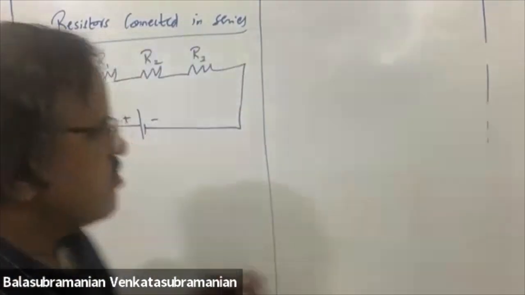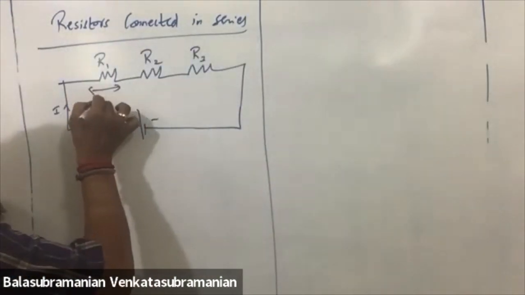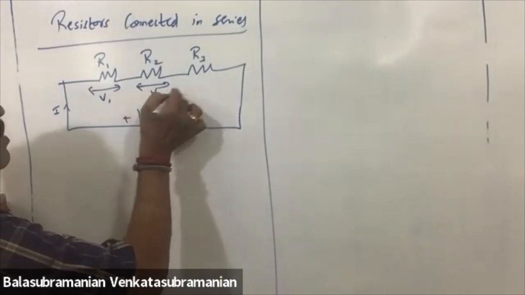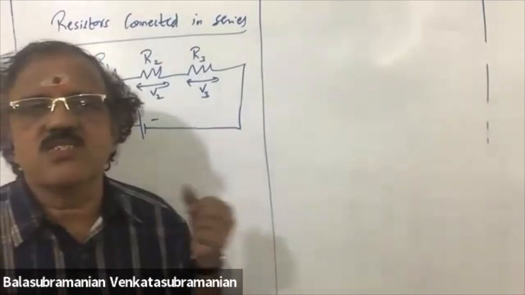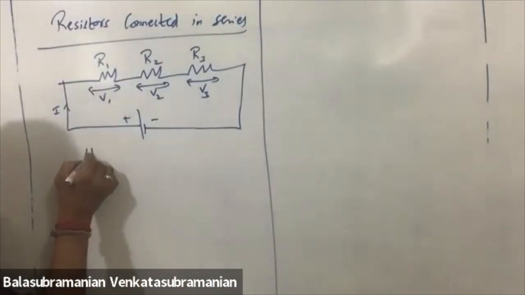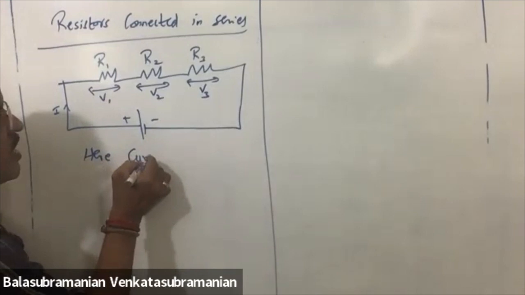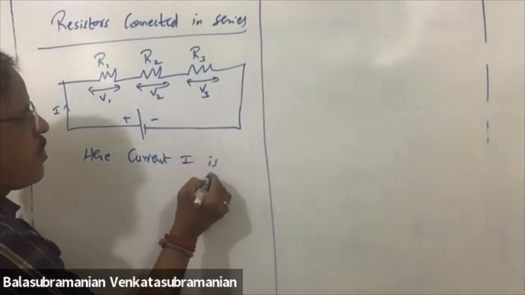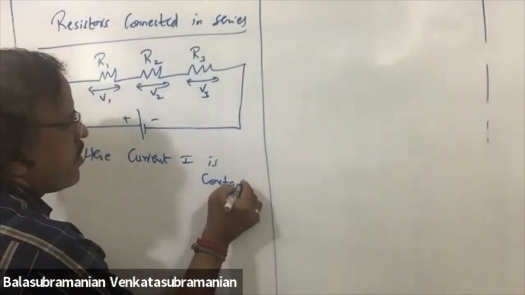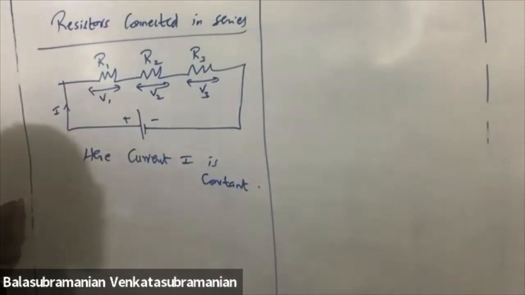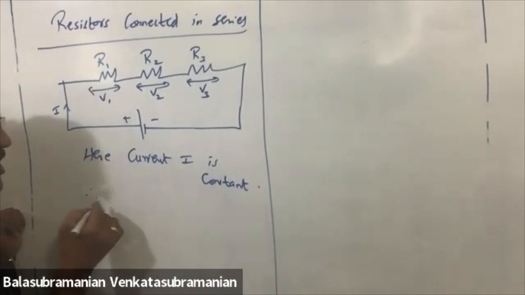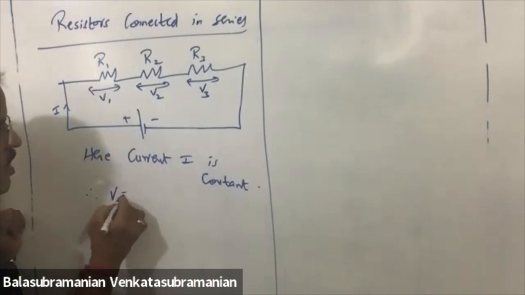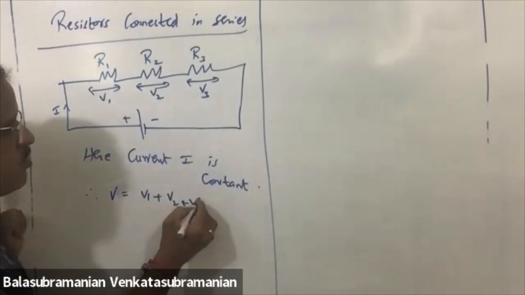So I can write V1, V2, V3 are the potential differences across the three resistors. Here current I is constant. Therefore, potential difference V is equal to V1 plus V2 plus V3.